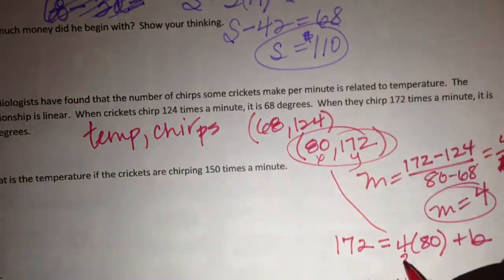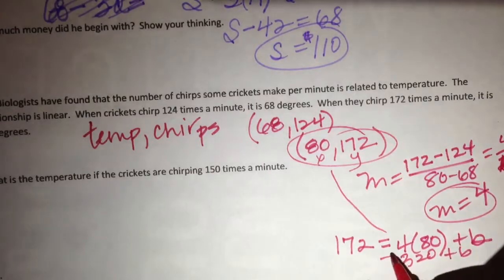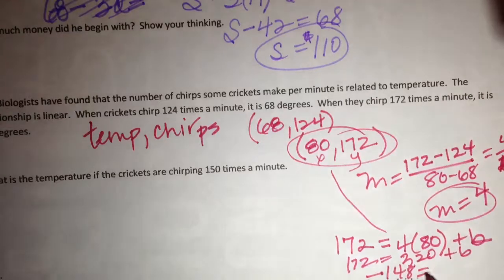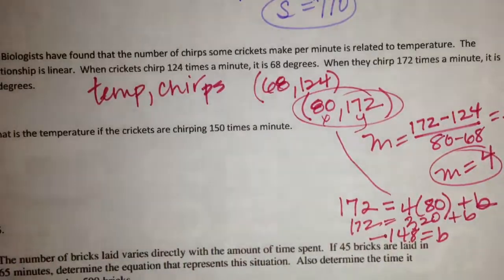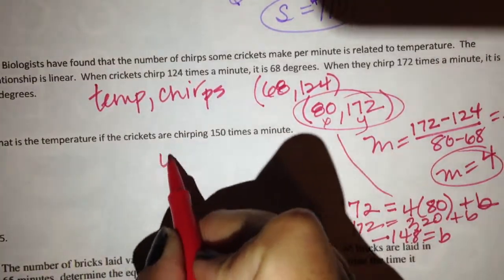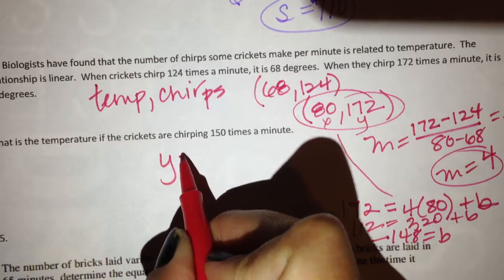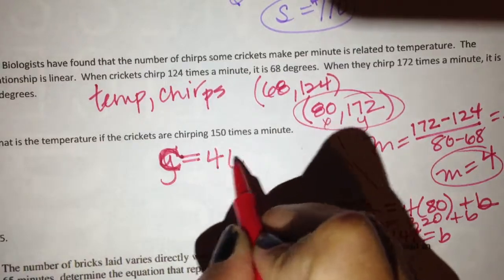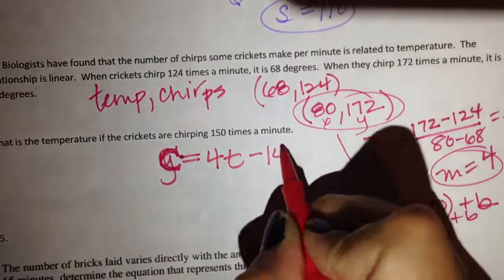So this is 320 plus b. When I took away 320, I found that b is negative 148. This is an example of a problem we have where the y-intercept doesn't make sense in the problem. So the number of chirps, c, is equal to 4 times the temperature in degrees minus 148.